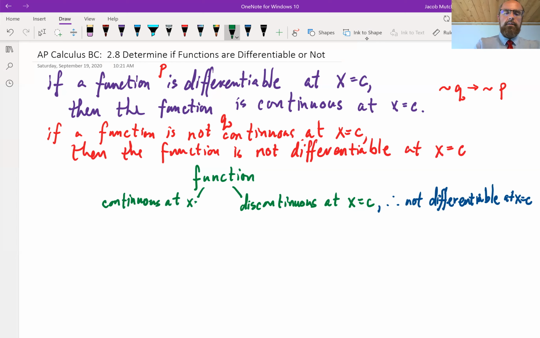So then at that point, we do again have two different options in terms of differentiability. So it could be that function is in fact differentiable.